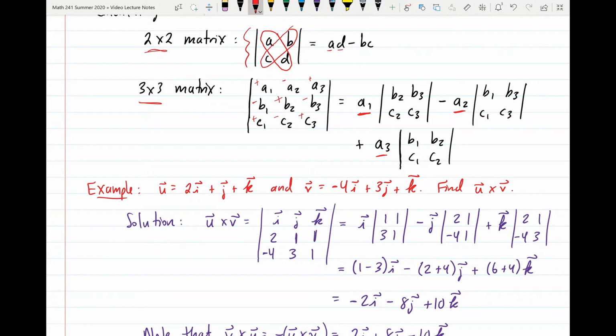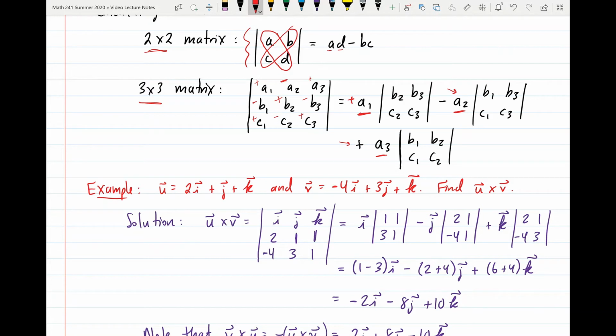So look here how I've assigned a plus to A1, and this term right here is positive. I've assigned a minus to A2, and this term here is negative. And then there's a plus for A3, and this term here is positive. This is not a coincidence.